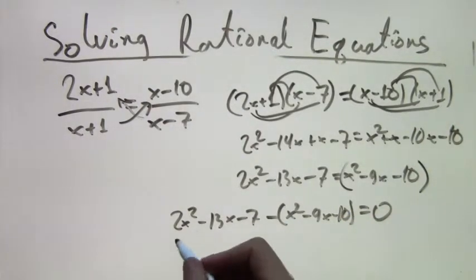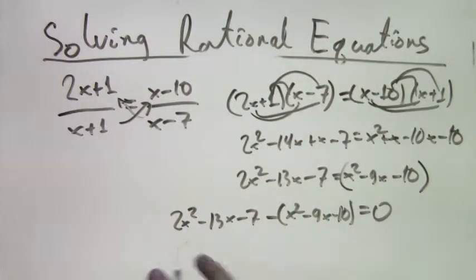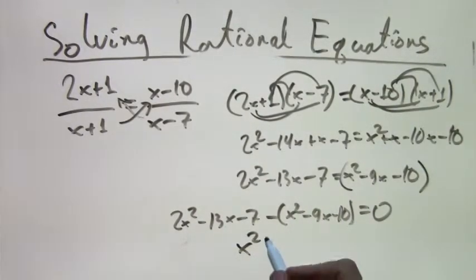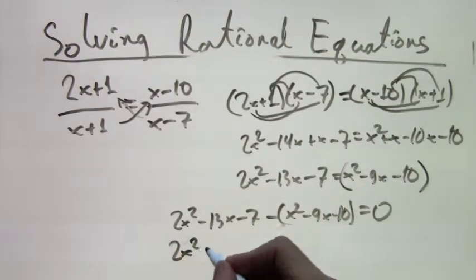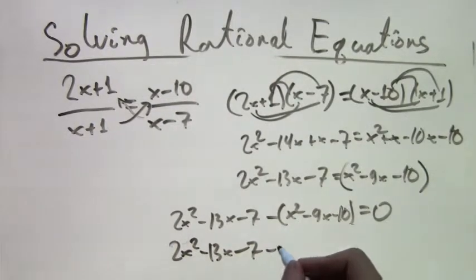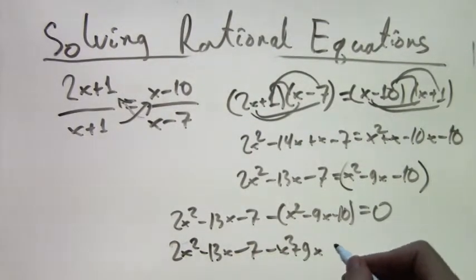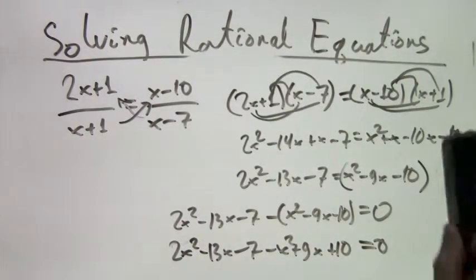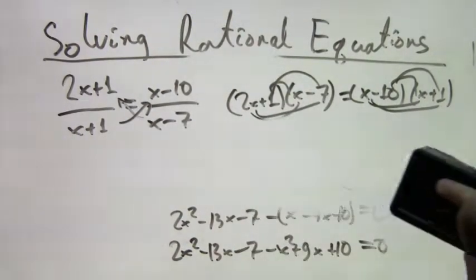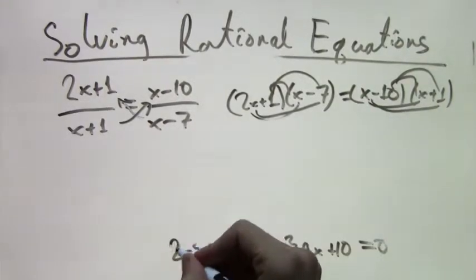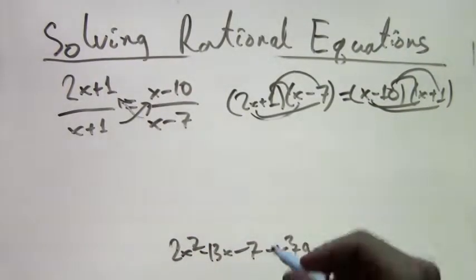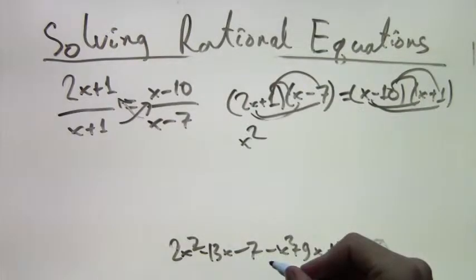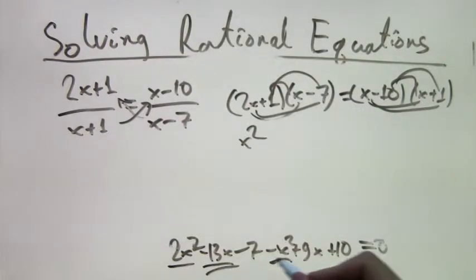And now this will simplify to: the negative sign goes inside of the parenthesis, and we get a negative x squared, a plus 9x, and a plus 10. And now we're going to combine like terms and get a final expression that's going to be a quadratic equation that we're going to have to solve. So we get x squared, because 2x squared minus x squared.